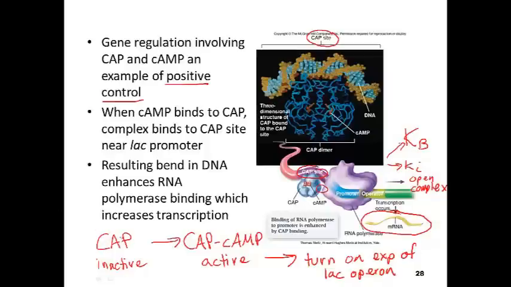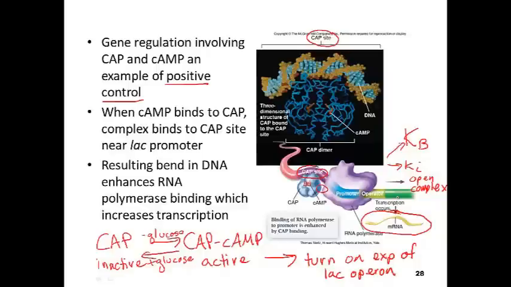But how does this happen? How do we transition from active to inactive? Well, when glucose is present, CAP is inactive, meaning the lac operon is not turned on. When glucose levels drop, it's going to turn on CAP in order to induce the expression of the lac operon when lactose is available.